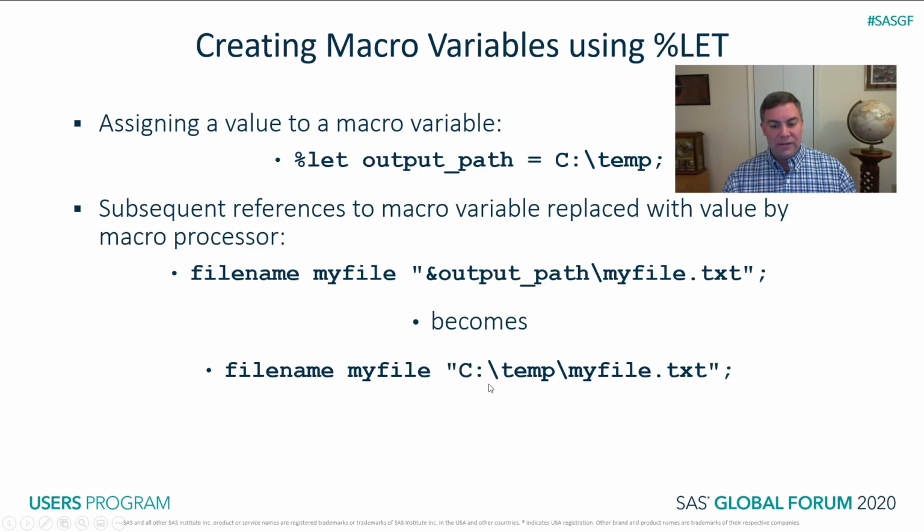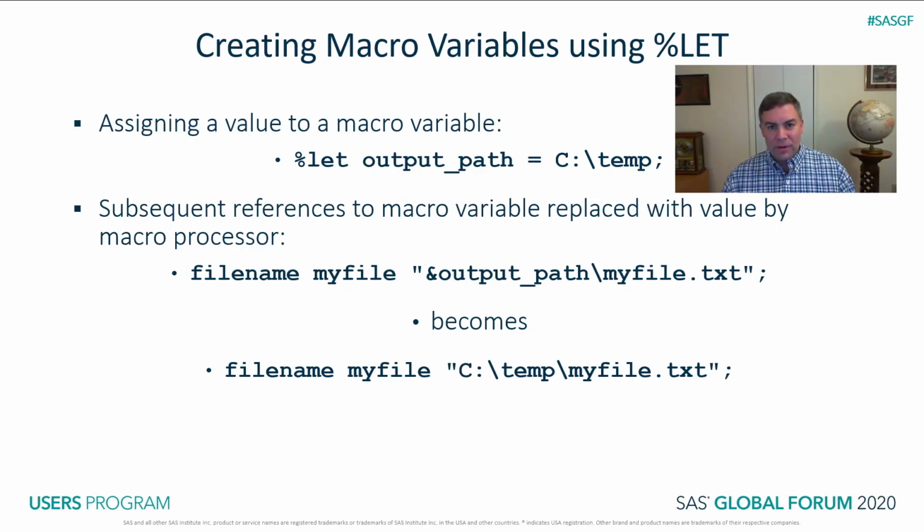So now we have filename myfile, and then C:\temp/myfile.txt. That is what actually gets passed on down to SAS for execution. The macro processor stepped in, did its job of replacing the macro variable reference with ordinary text, and then finding no more macro variable references, it sent what was left down to SAS for execution.